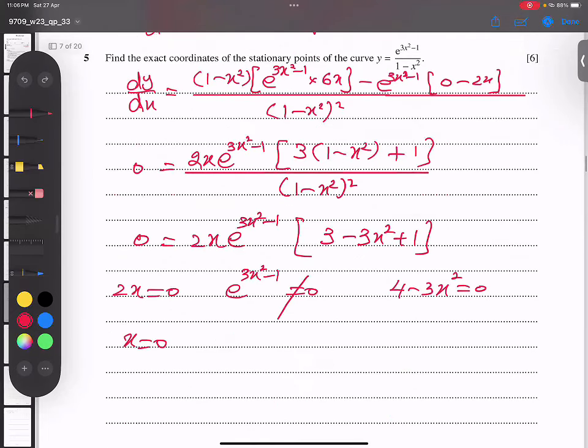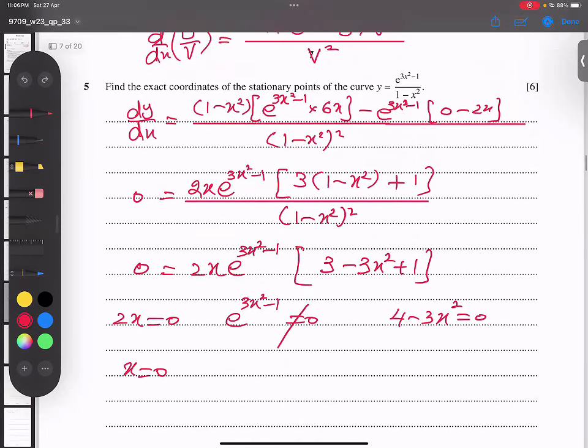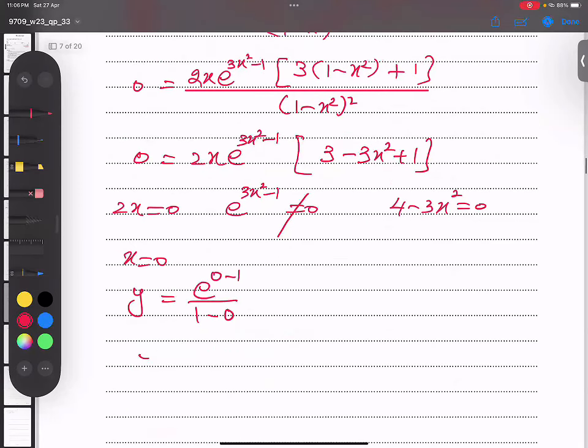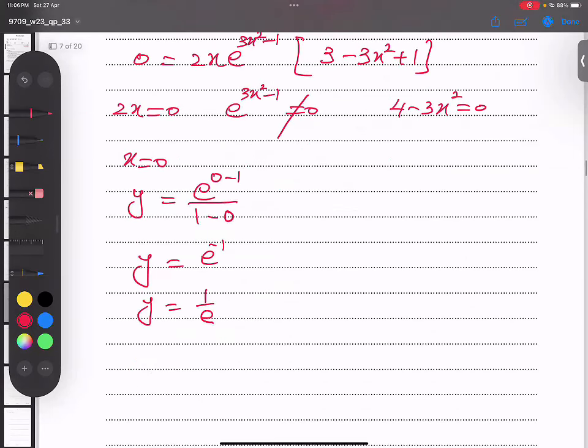So x gone, I need y. This 0 replaced there. If I replace there, student, what happens? E to power 3 into 0 minus 1 over 1 minus 0. And finally, I get e to power -1, or I can say 1 over e. And finally, you got a coordinate 0, 1 over e.